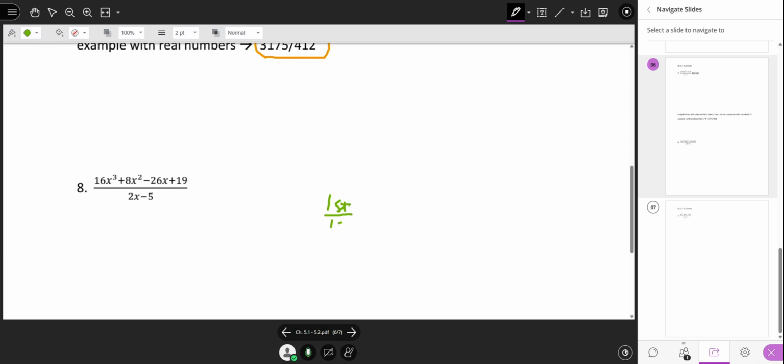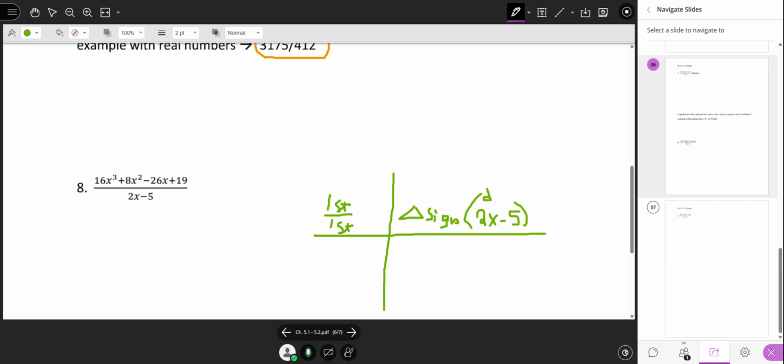First divided by first. And then the next step. Change the sign of the answer you just found times your divisor. And your divisor in this case is 2x minus 5.